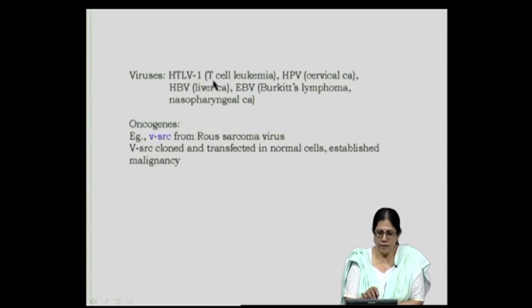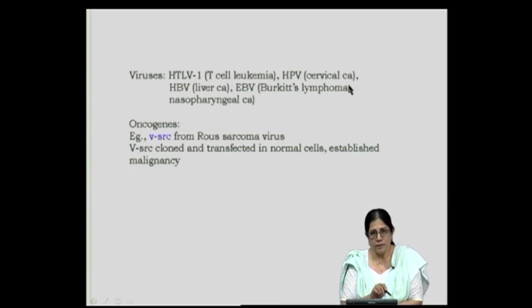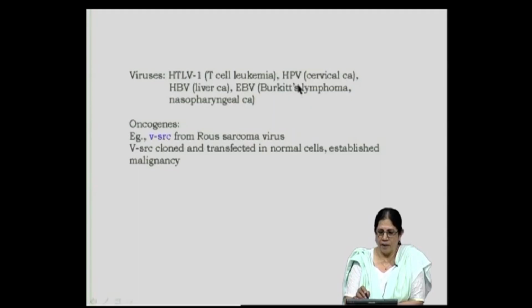Now, HTLV is associated with T cell leukemias, HPV with cervical cancer, and HPV of course has been in the news in the last couple of years, because there are vaccines available now which can control cervical cancers. HBV with liver cancer, EBV with Burkitt's lymphoma as well as nasopharyngeal carcinoma. So, these are viruses which are known to be associated with human leukemias and cancers.